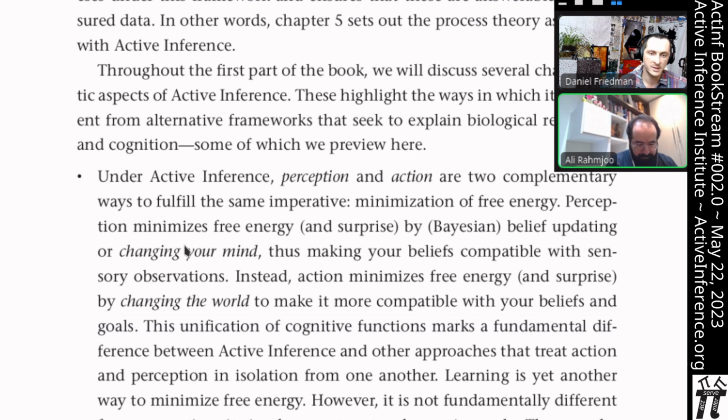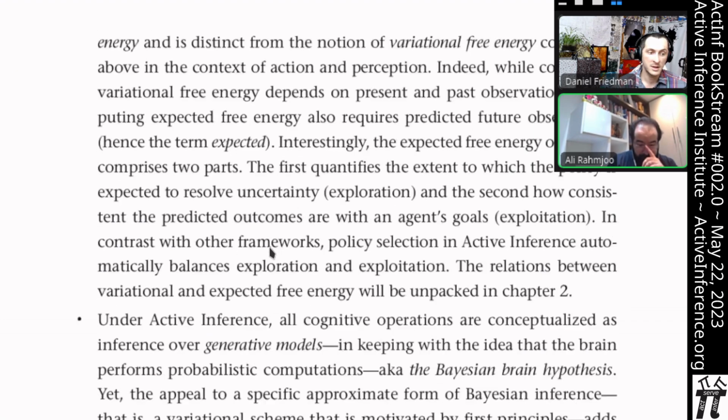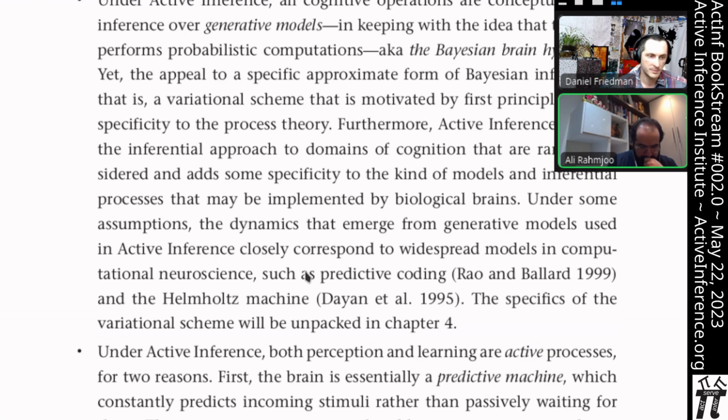Changing your mind is associated with perception and learning, which are distinguished later, and changing the world is associated with action. There's some discussion about action selection and optimal policy selection. All cognitive operations in active inference are conceptualized as inference over generative models. So the true cognitive kernel of active inference is going to be the generative model.